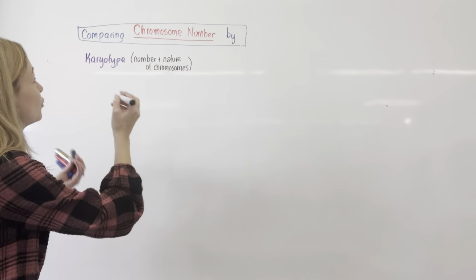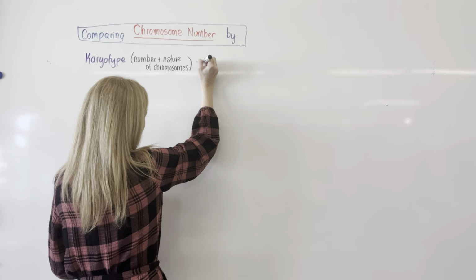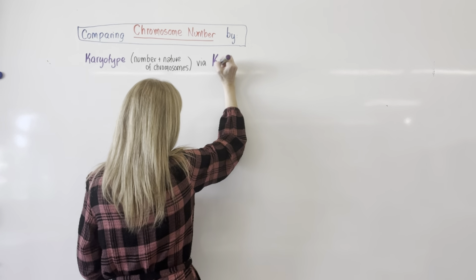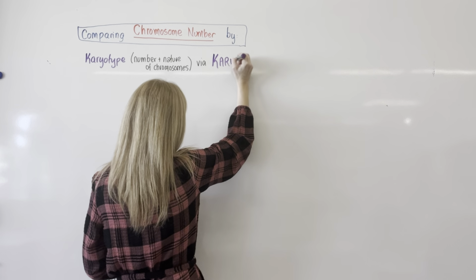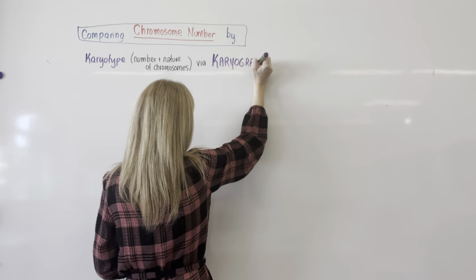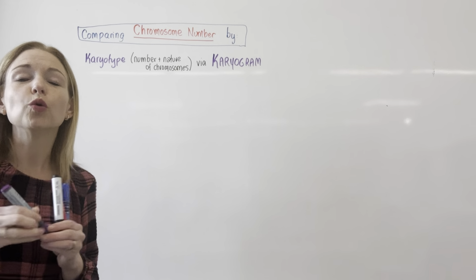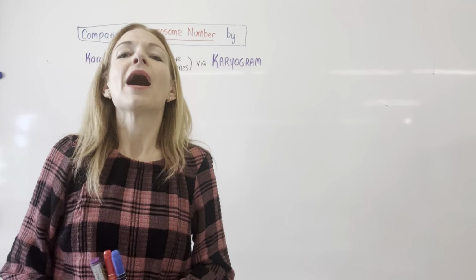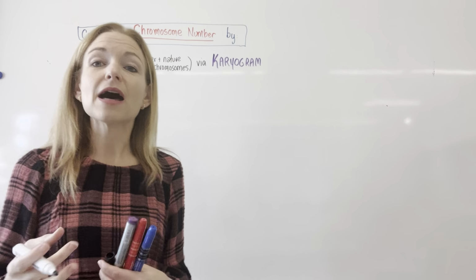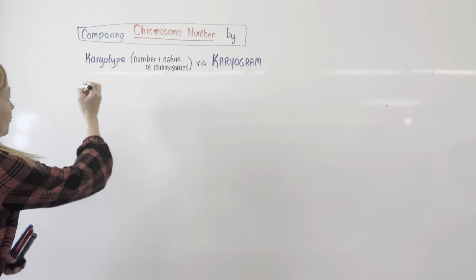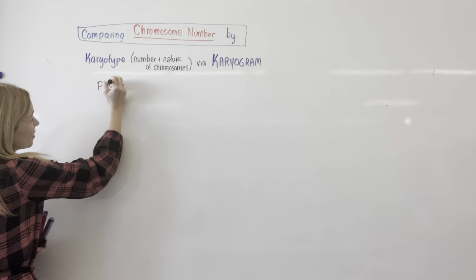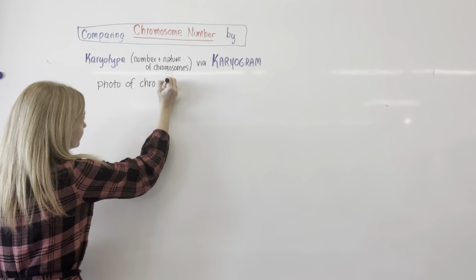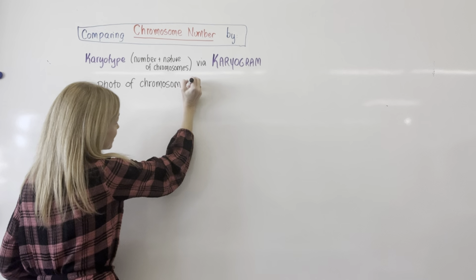And that is actually created by a karyogram. But again, a lot of times the karyogram is just called a karyotype. But that's the distinction. So this is the tool that is actually used to make the karyotype. So what a karyogram does is it produces a photo of chromosomes inside cells.